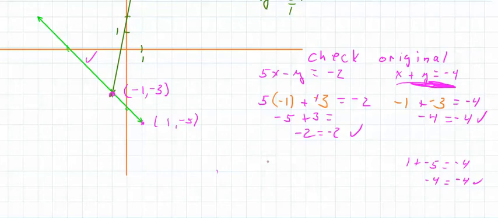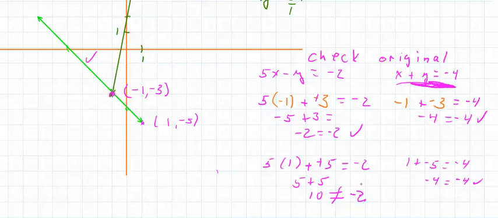But I come over here, 5 times 1 minus negative 5 equals negative 2. Minus is plus a positive. 5 plus 5. Clearly 10 is not equal to negative 2. So you have to check in both equations. It's essential, absolutely essential, that we check in both equations.